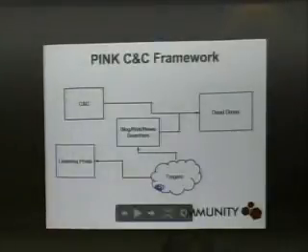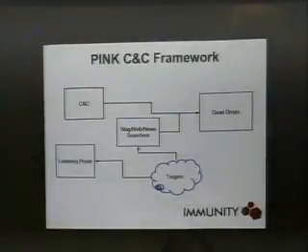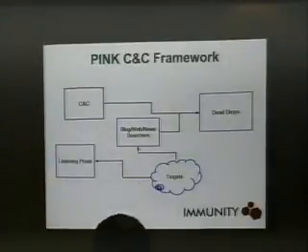So we came up with Pink, and this is what the Pink technology looks like. Once you break into the cloud of targets and deploy your Pink executable into them, the way these drones talk back to the command and control server, or the master itself, is through blogs.